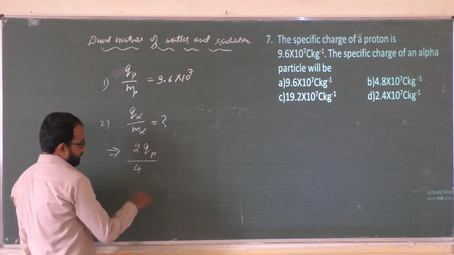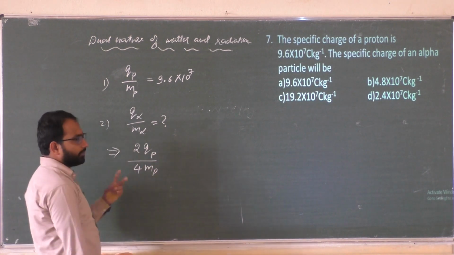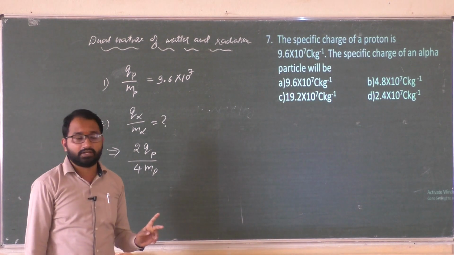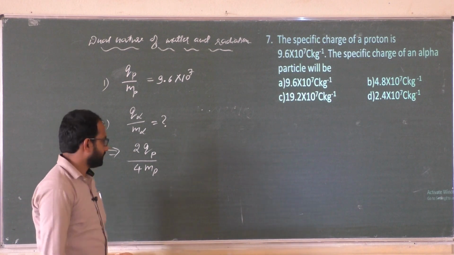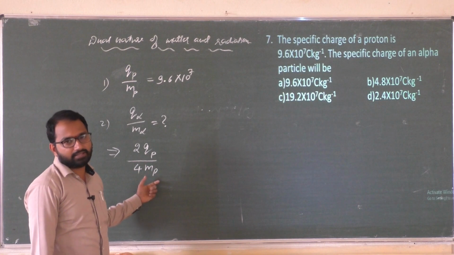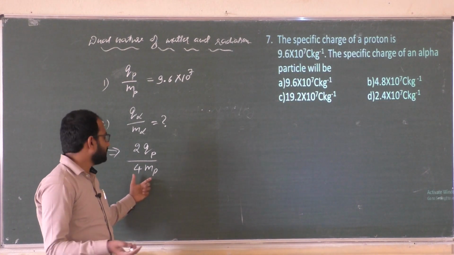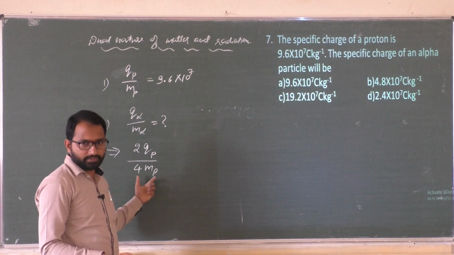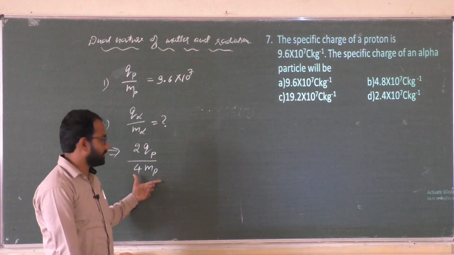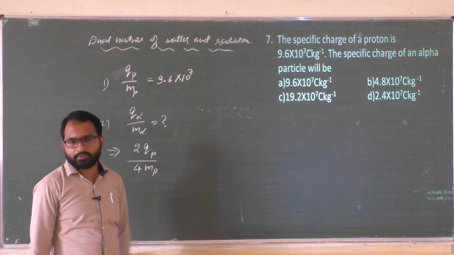It is nearly 4 times the mass of proton. It has 2 protons and 2 neutrons. Mass of proton and mass of neutron are not equal, they are nearly equal. So approximately, since there are 2 protons, 2 neutrons, or in general 4 nucleons, the mass of alpha particle is nearly 4 times the mass of proton.